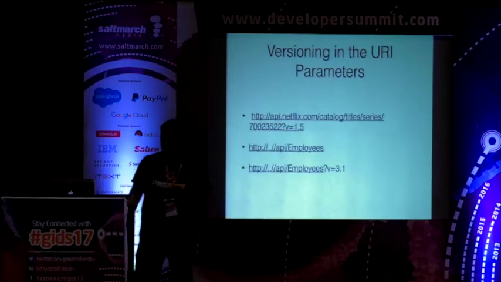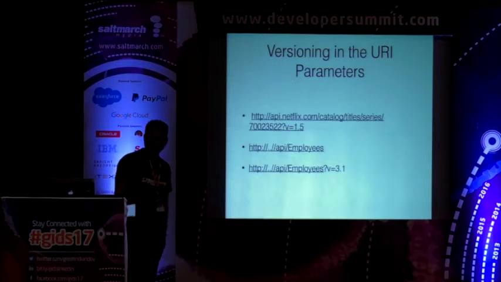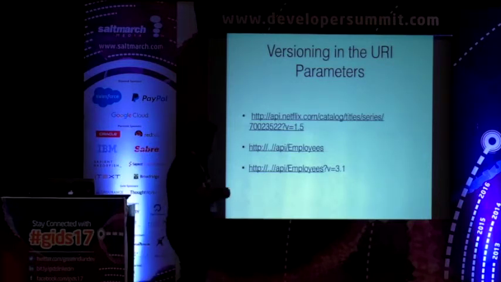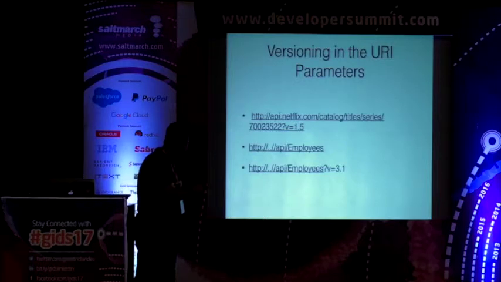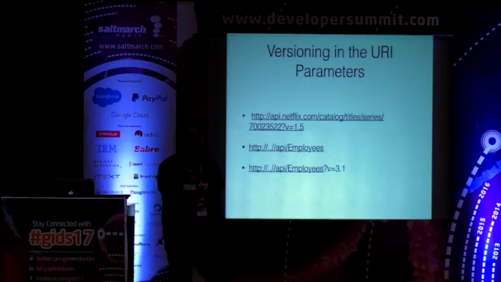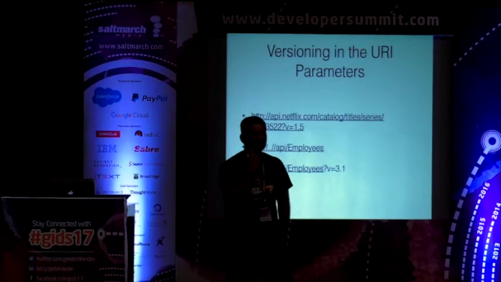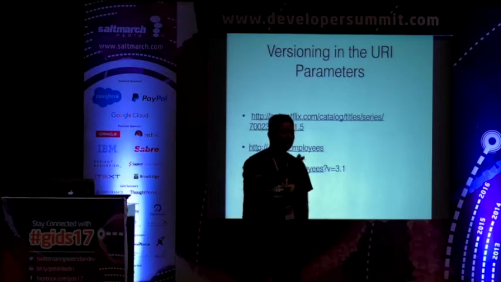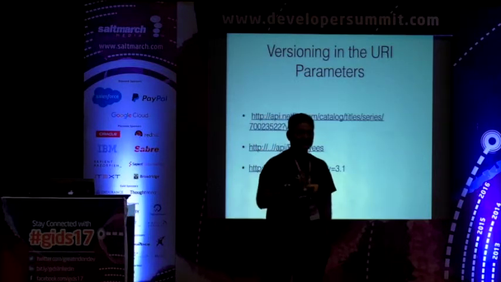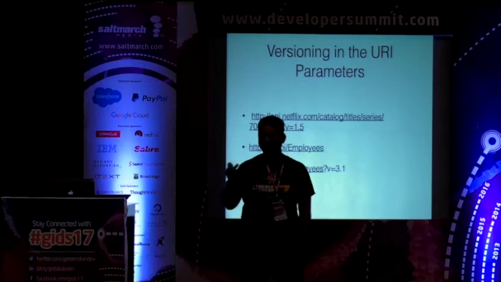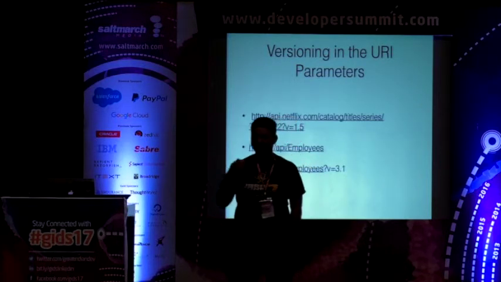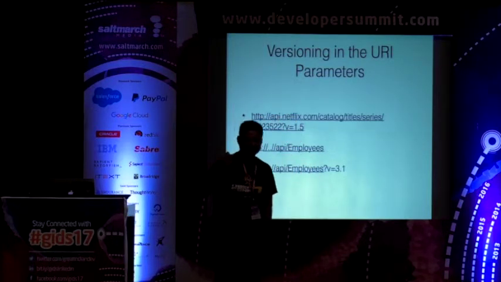Another one is versioning in the URI parameter itself. Now, I'm saying here Netflix, and I'm saying version 1.5. What if I don't supply that version? It will use the latest one. Google does that, by the way. If you're getting search engine requests, they're always using the REST API, and they keep on adding new parameters.